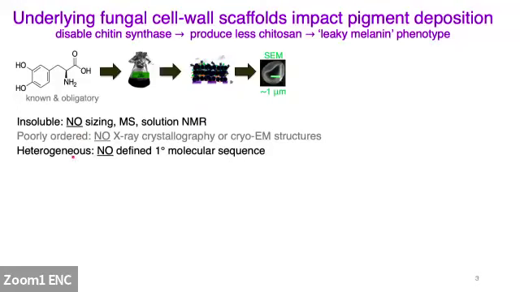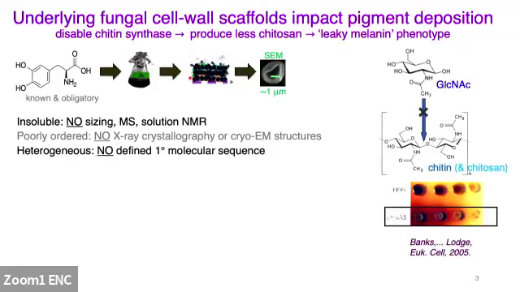But the part that I want to focus on in this talk is not the melanin per se, but the scaffold that it has to lie down on in order to serve its protective function. An example of the importance of that is shown here. This is work done by several biologists from Jenny Lodge's group quite some time ago.